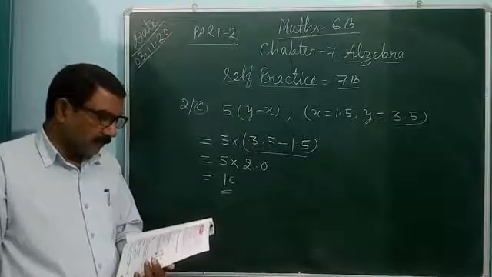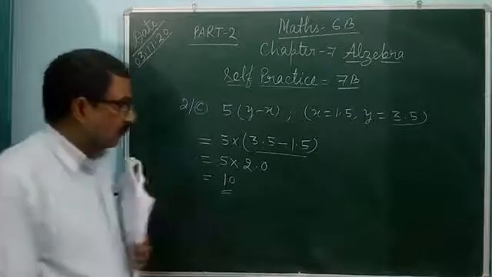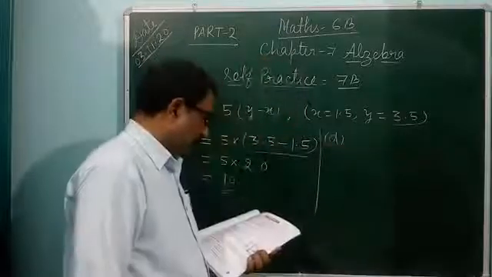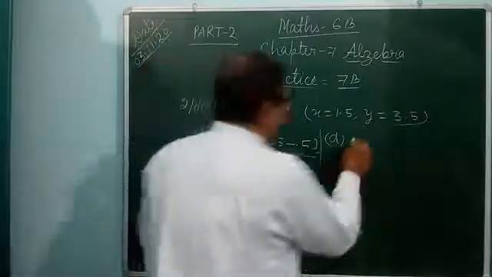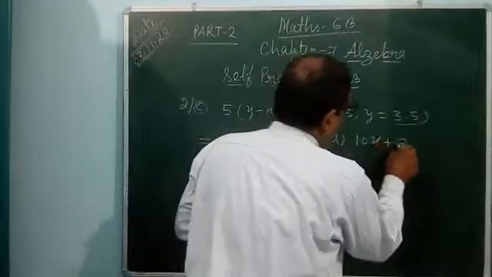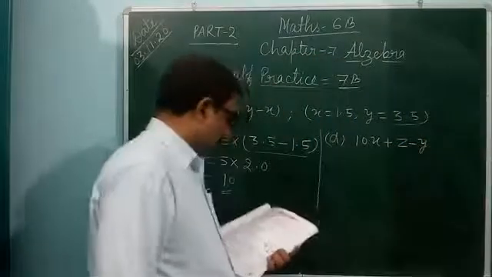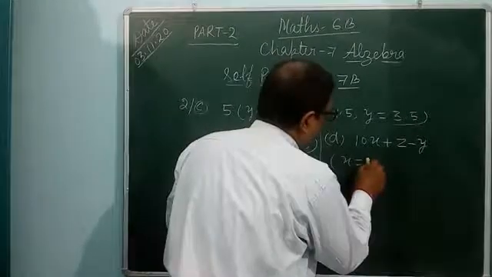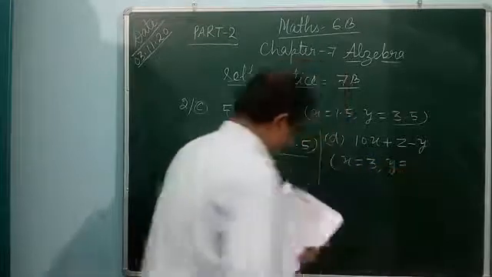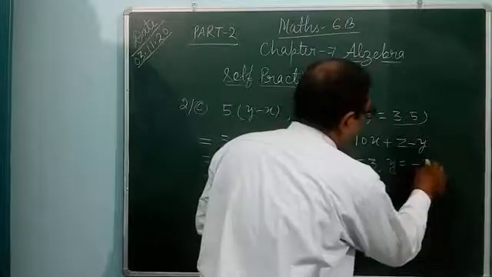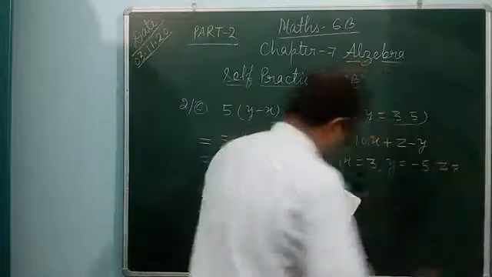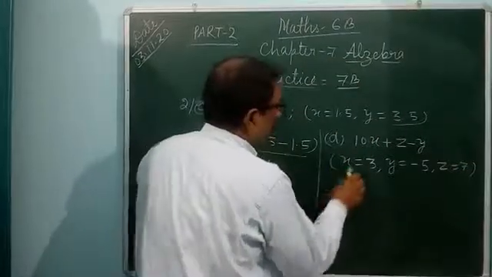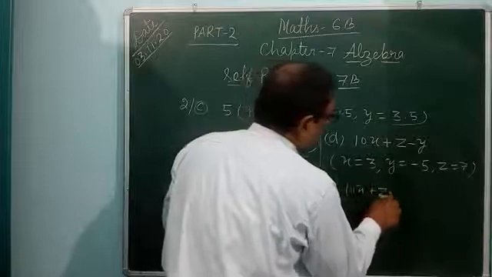After that, question number D. Question number D, you see, 10x plus z minus y, where x is equal to 3, y is equal to minus 5 and z is equal to 7. Now you can do 10x plus z minus y.